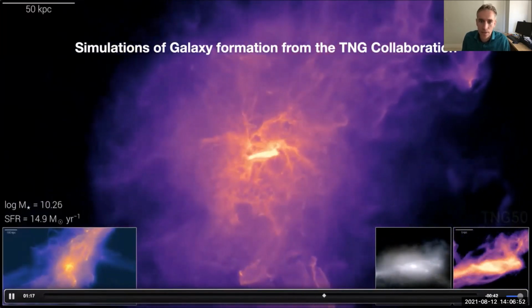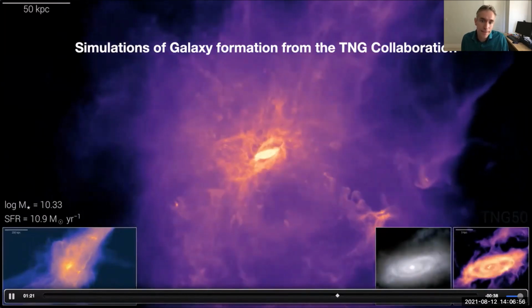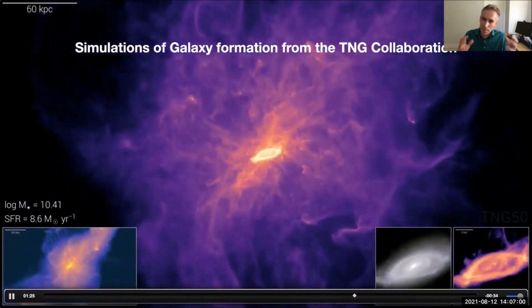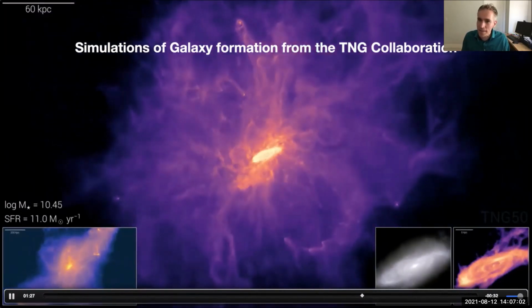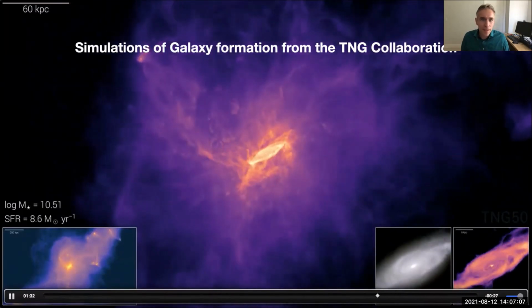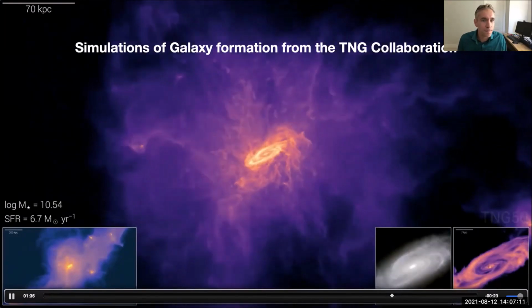That's showing you how these galaxies are starting to really look like galaxies here. With that sort of simulation, a lot of physics baked into this cartoonish view of galaxy evolution, we can actually start to ask some questions about this process.